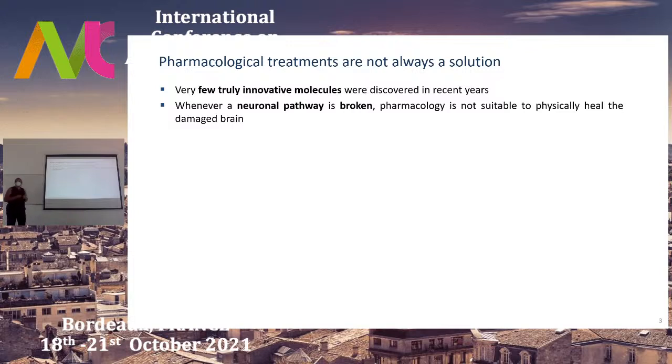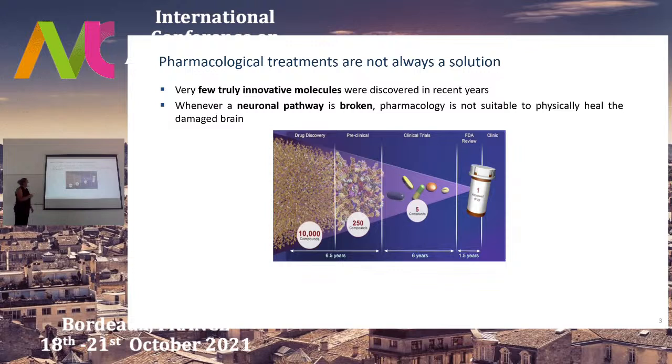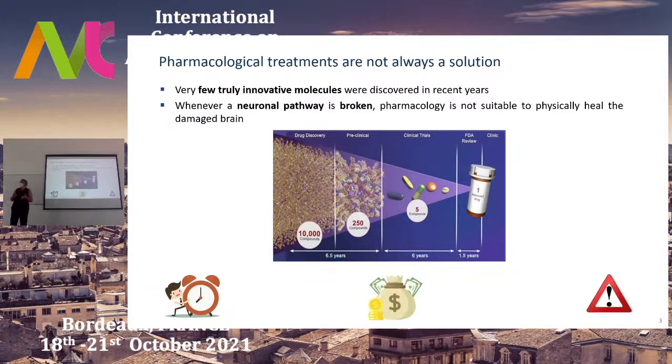And second, because whenever a neuronal pathway is broken, pharmacology maybe is not the best treatment. And if you see the process that brings from testing compounds up to an FDA drug, you see that the process is highly time-consuming, is very costly, and you know that pharma has a lot of side effects. So we need to find alternative solutions.